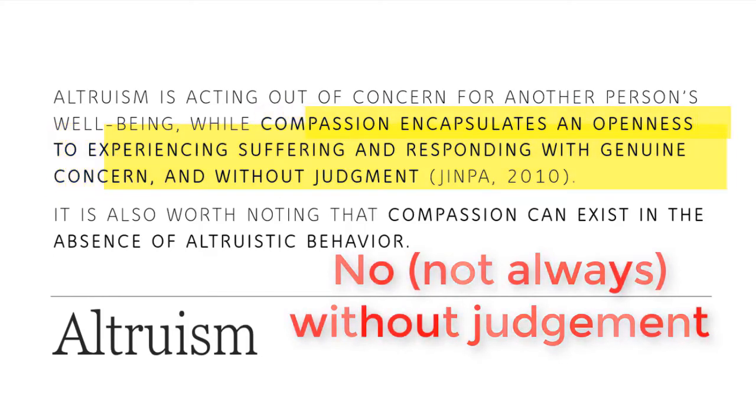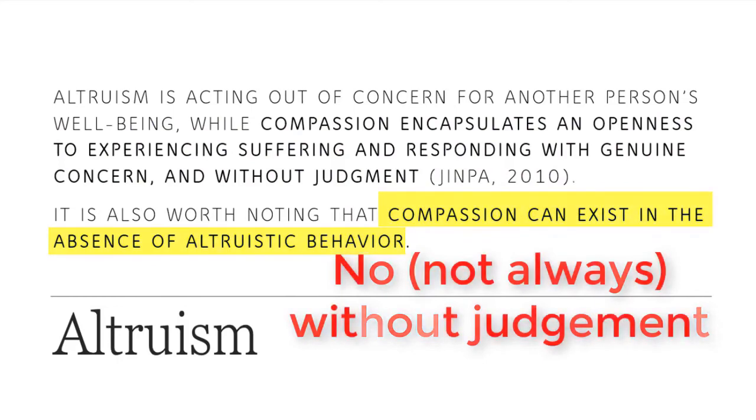And it's also worth noting that compassion can exist in the absence of altruistic behavior. So you can have a desire to reach out and help and alleviate that suffering, but it doesn't necessarily have to encompass anything where you are personally giving something of yourself.